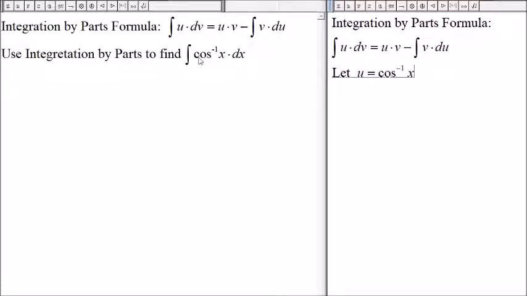And so, since this is u, then the dx has to be dv. So we have the derivative of u with respect to x.